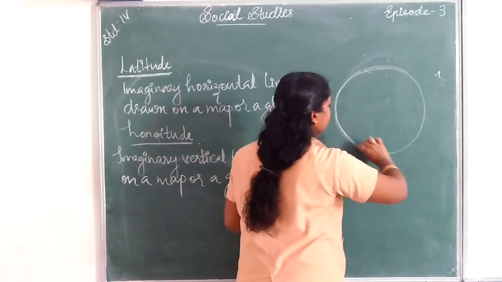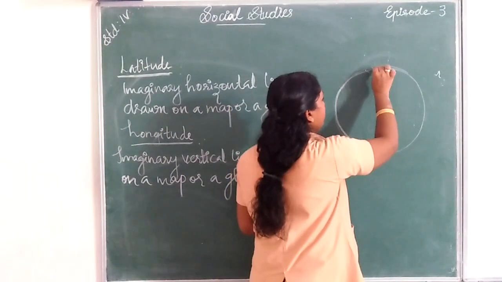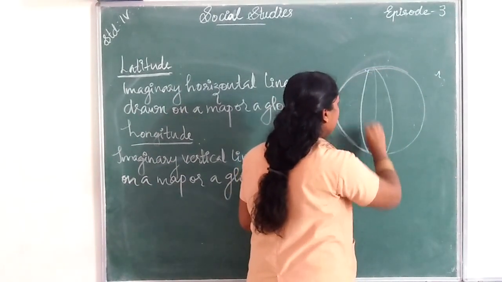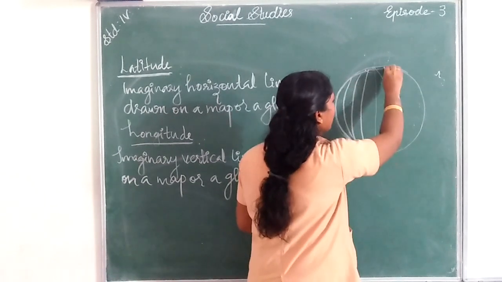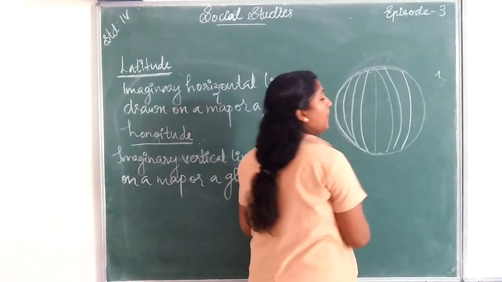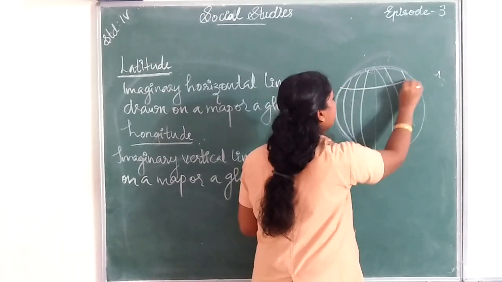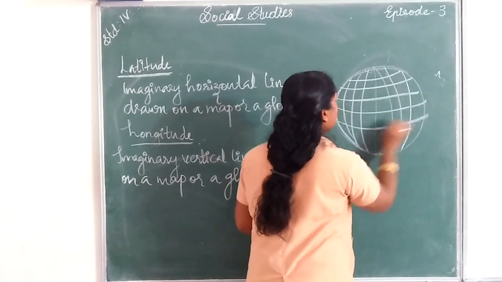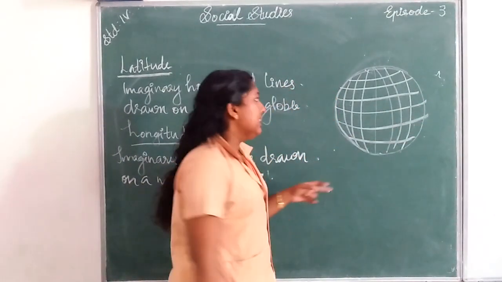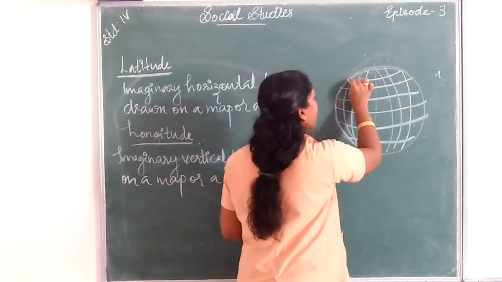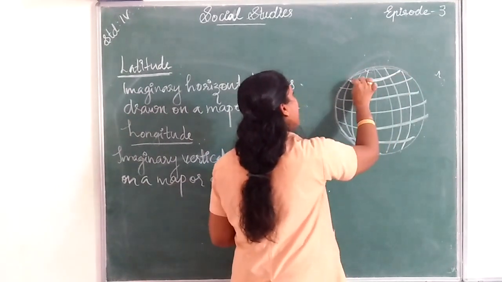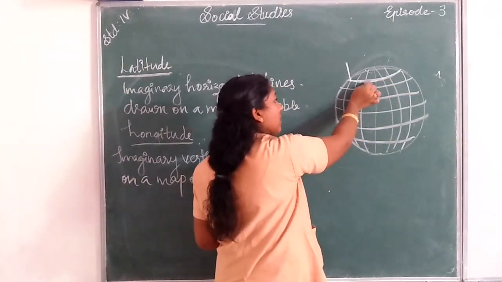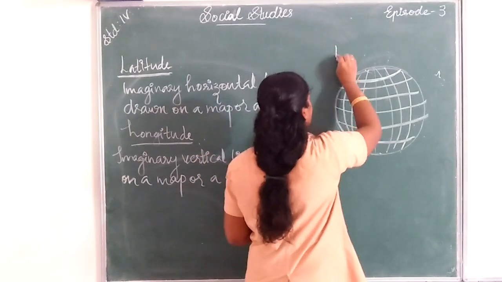Then listen, suppose this is a globe. Here we can see horizontal lines and vertical lines. The imaginary horizontal line is called latitude.